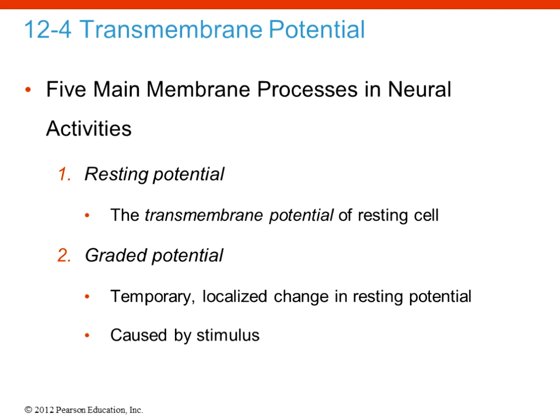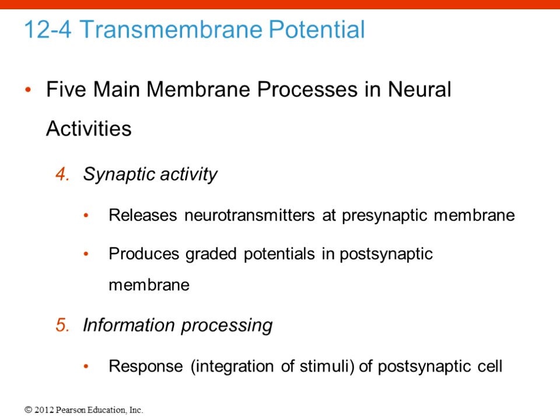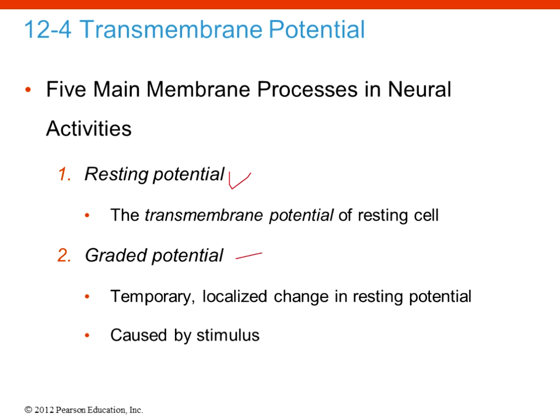All right? So this summarizes resting, graded potential, action potential, synaptic activity, and then finally information processing. So if you read each one of those, the resting potential is the actual electrical potential across the neuron cell at rest.